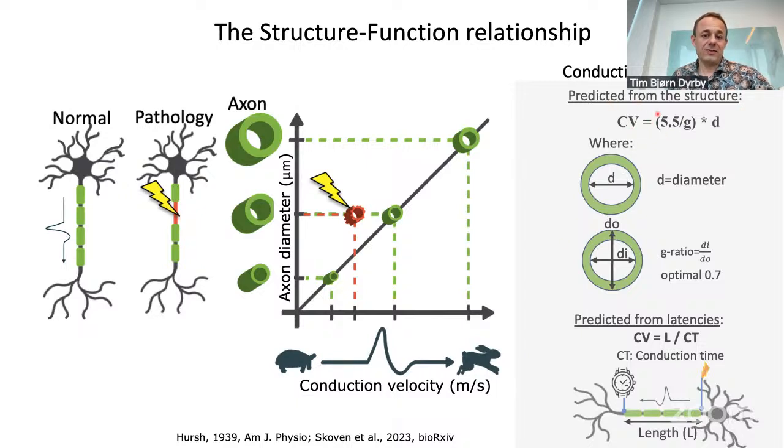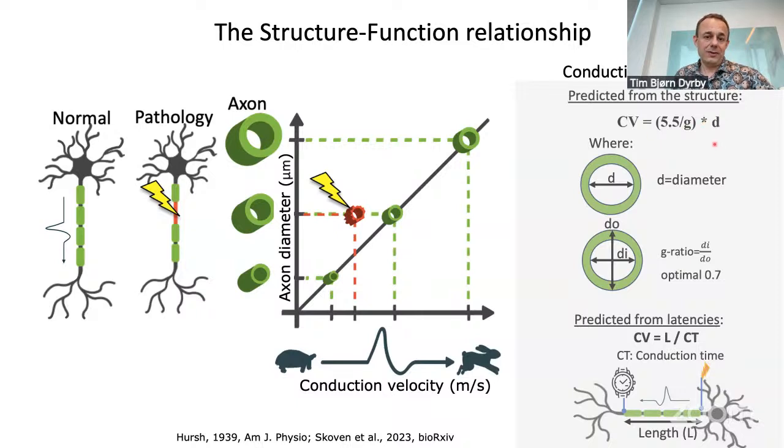So this is the conduction velocity. Then we have this formulation that is established by empirical studies, where we have a factor 5.5 and G. This is the G ratio. The G ratio describes the ratio between the outer diameter, including the myelin, and the inner diameter of the axon. If you take this ratio, that is the G ratio between the myelin and the axon.